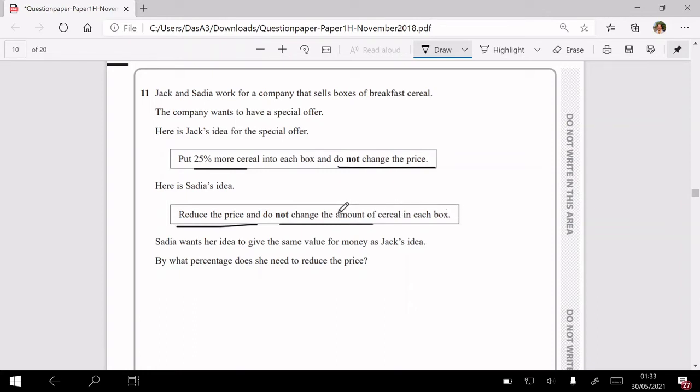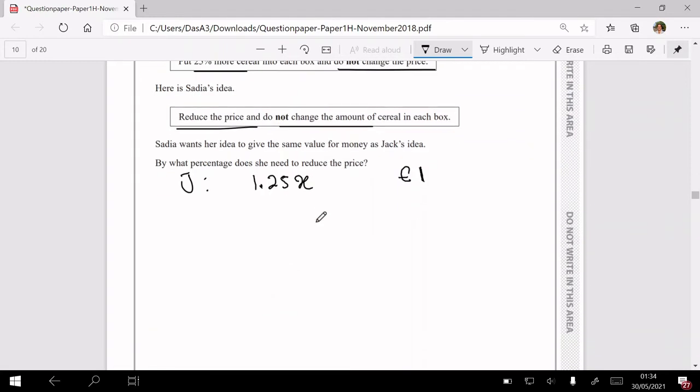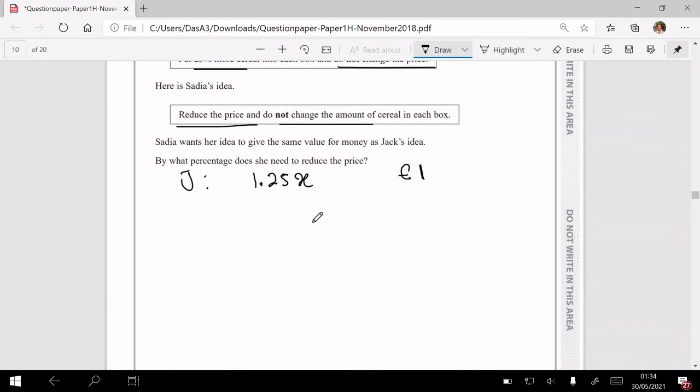If I say the amount of cereal in each box is X, then Jack is selling 1.25 X for, let's call it, £1 for now. It doesn't matter what the money is. Now Sadia reduces the price but does not change the amount of cereal.